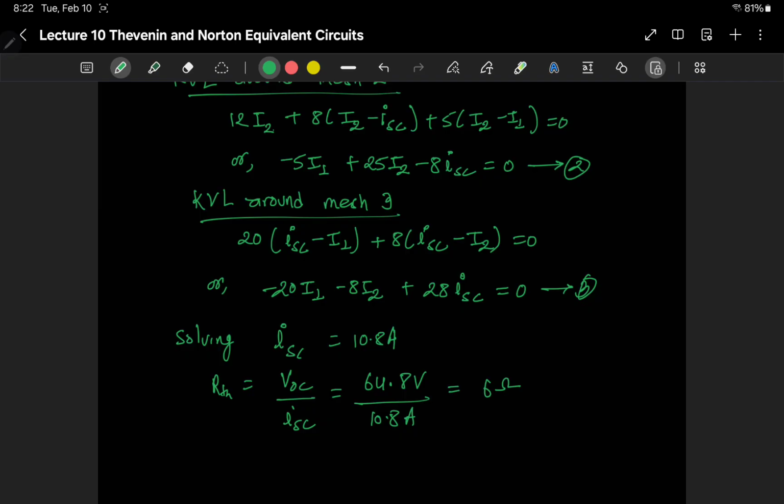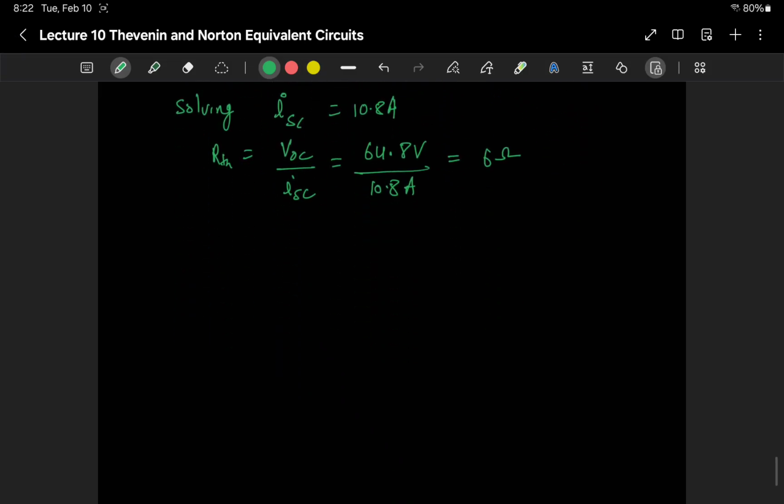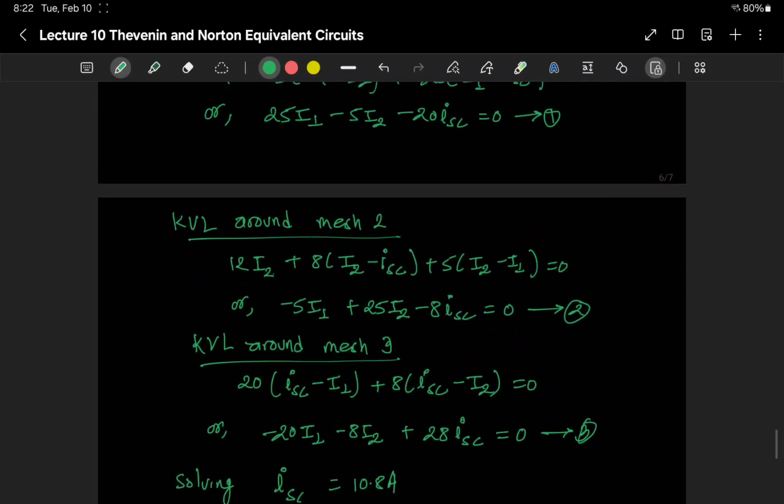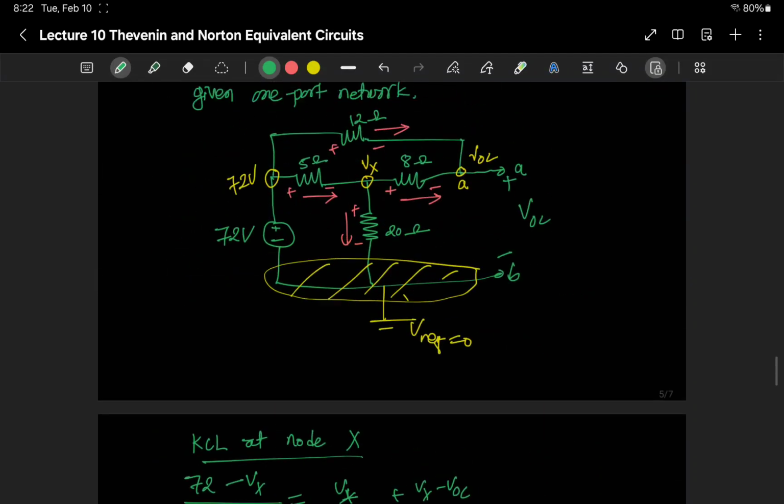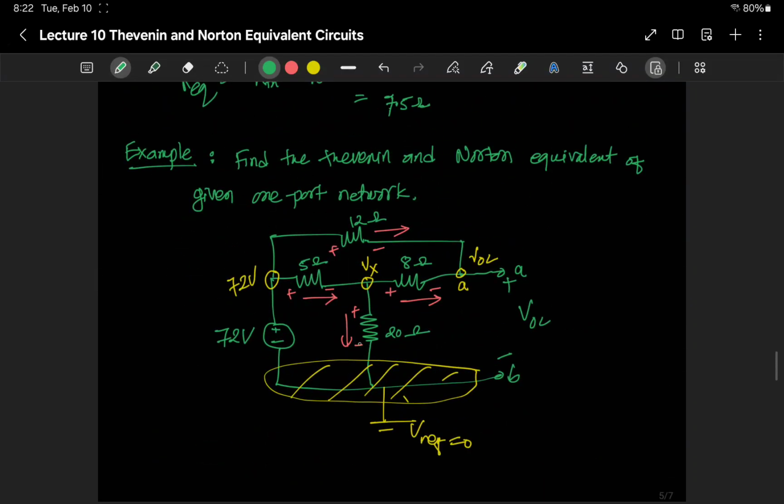And we also mentioned verifying RTH using the alternative method. Let's go ahead and do that. So in the alternative method, where is the original circuit? So this is the original circuit. In the alternative method, we know that if we have a voltage source, we replace that with a short circuit, right?